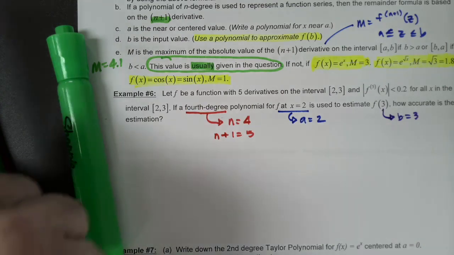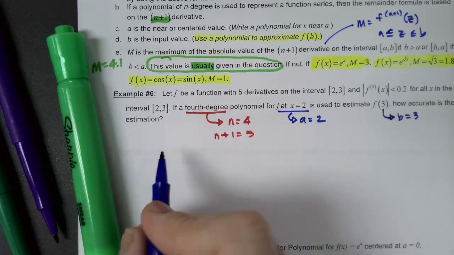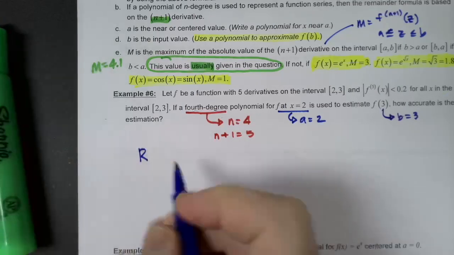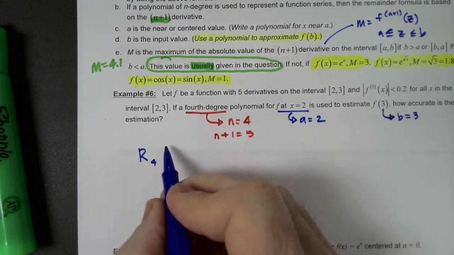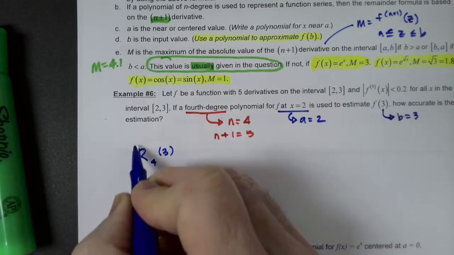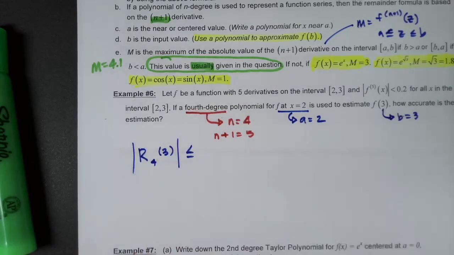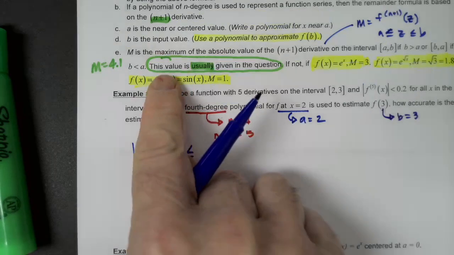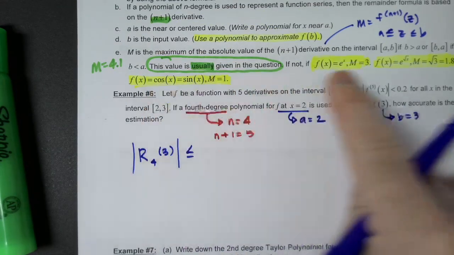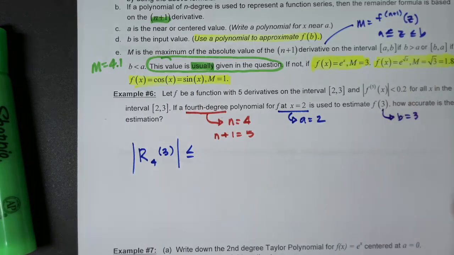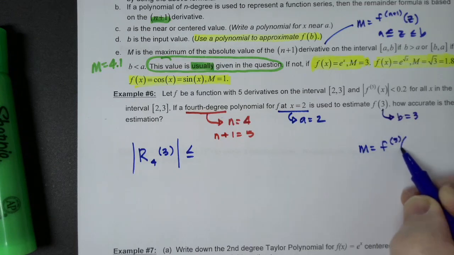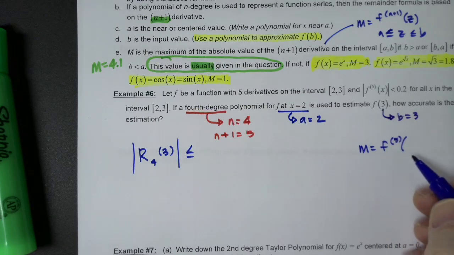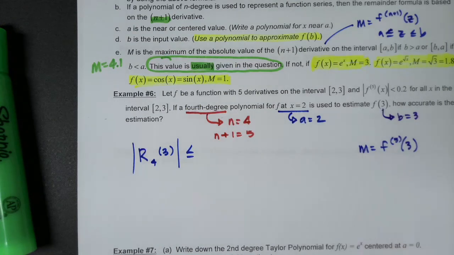Okay. So, remember what this looks like. The Lagrange remainder, using the fourth degree polynomial, at the b value of 3 will be less than or equal to our m value. And remember, if m isn't given to us, if it isn't one that we know, we're going to set m equal to the n plus 1, or fifth derivative, of this function at 3.